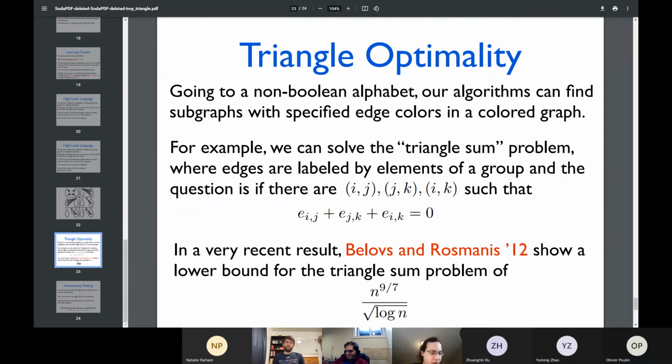I think that's right. Yeah, because there's been a further improvement since, I believe, on triangle finding. Okay. But I guess the triangle sum has a lower bound. Yeah, triangle finding, I think, is still open. Exactly what the best algorithm is, or perhaps there's just a missing lower bound.